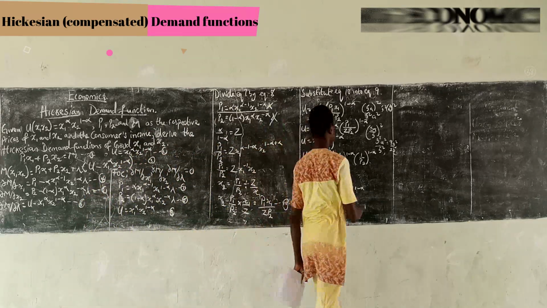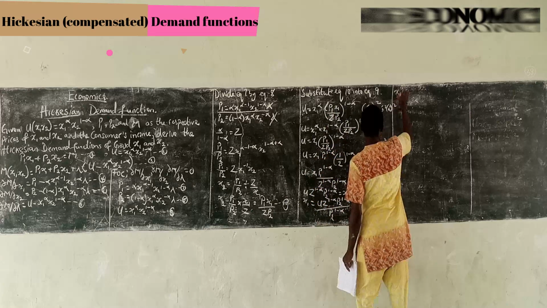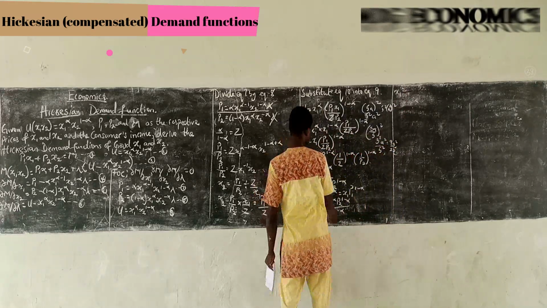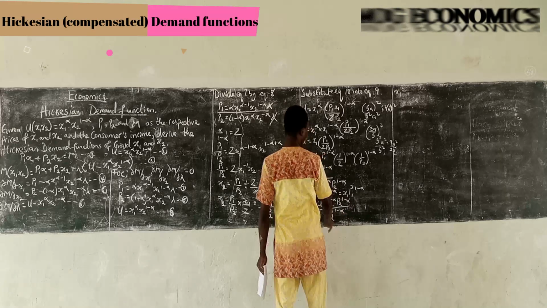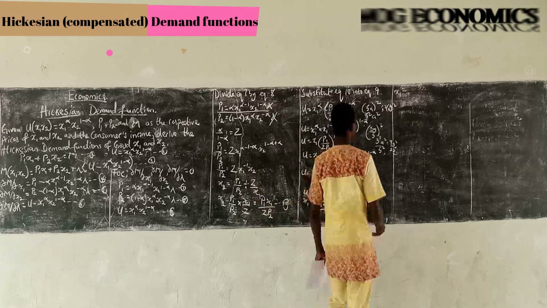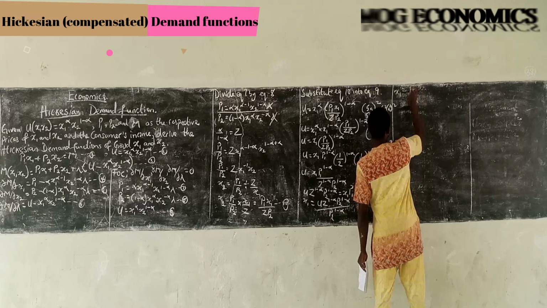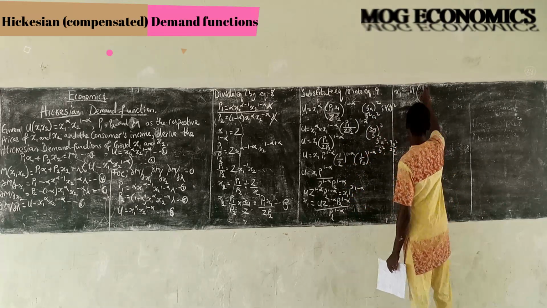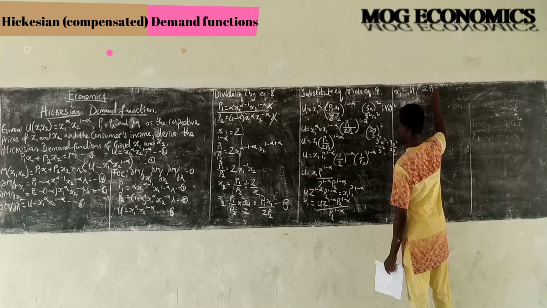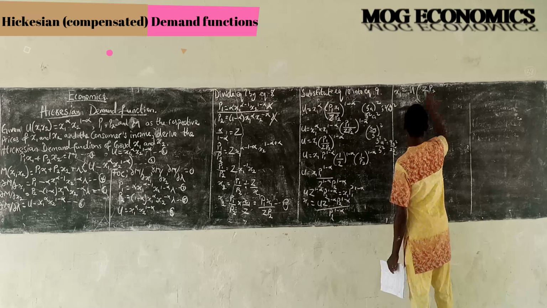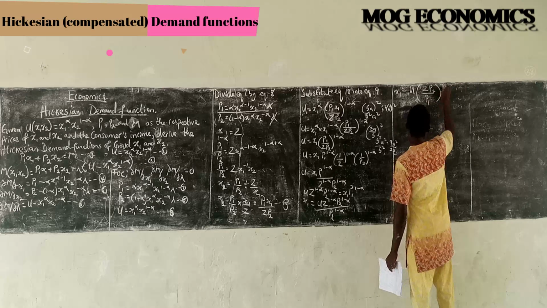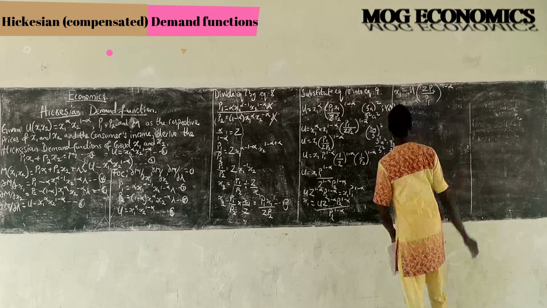If you look at it, they all carry 1 minus alpha, so x1 equals u into brackets p2 over p1, raised to 1 minus alpha.